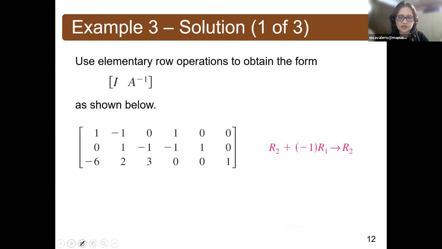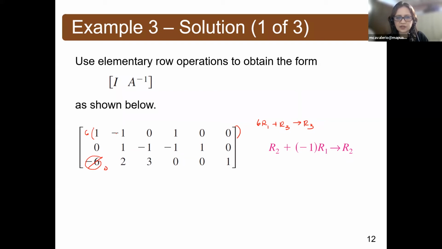So we can actually check it here: 0, 1, negative 1, negative 1, 1, 0. Now we need to change this entry to 0. Say we multiply row 1 by 6, that is 6 times row 1, and add that with row 3 to change your row 3, so that this becomes 0.